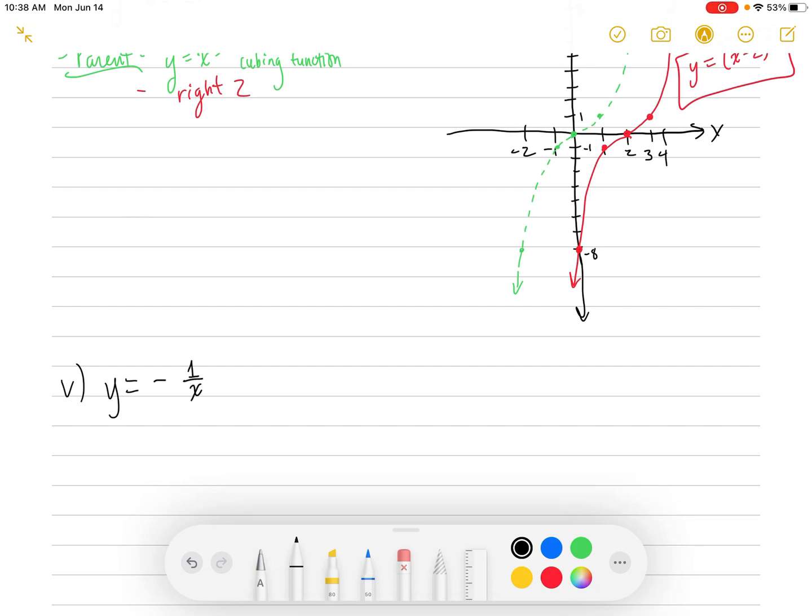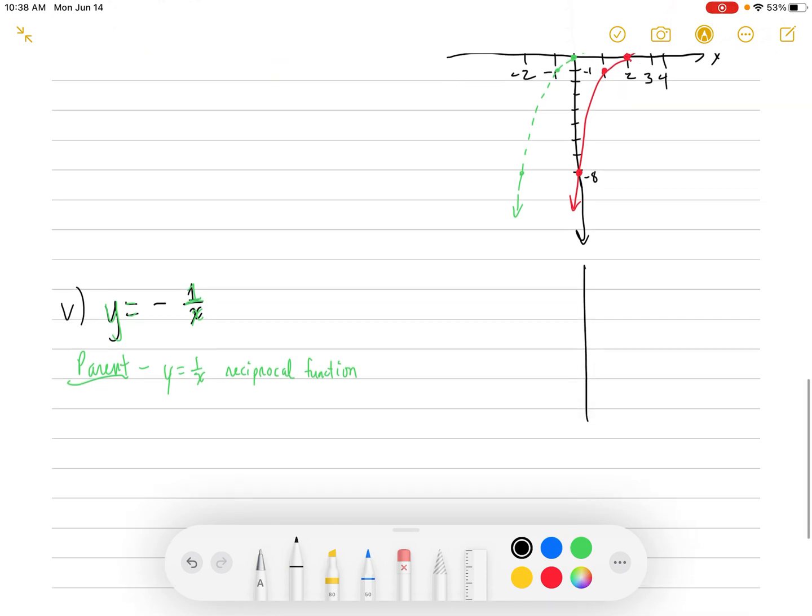I can't even see. Minus 1 over x. So looking at the parent here, the parent is y equals 1 over x. It's called the reciprocal function. So we'll graph that one first.